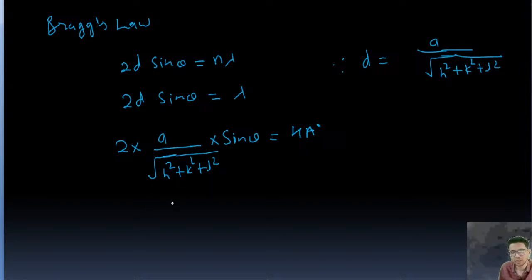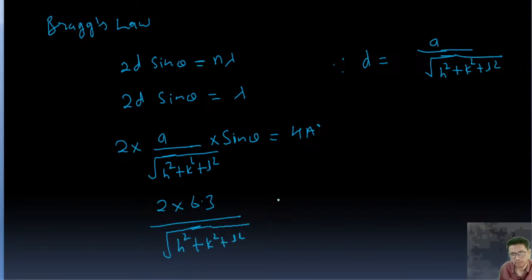And the value of A is going to be 2 into 6.3 angstrom, upon root of h square plus k square plus l square, into sin theta equal to 4.